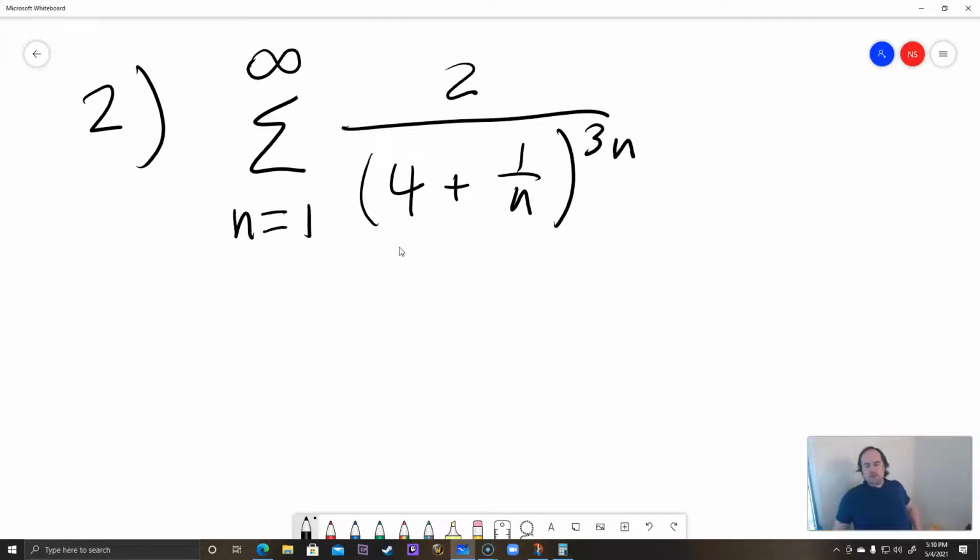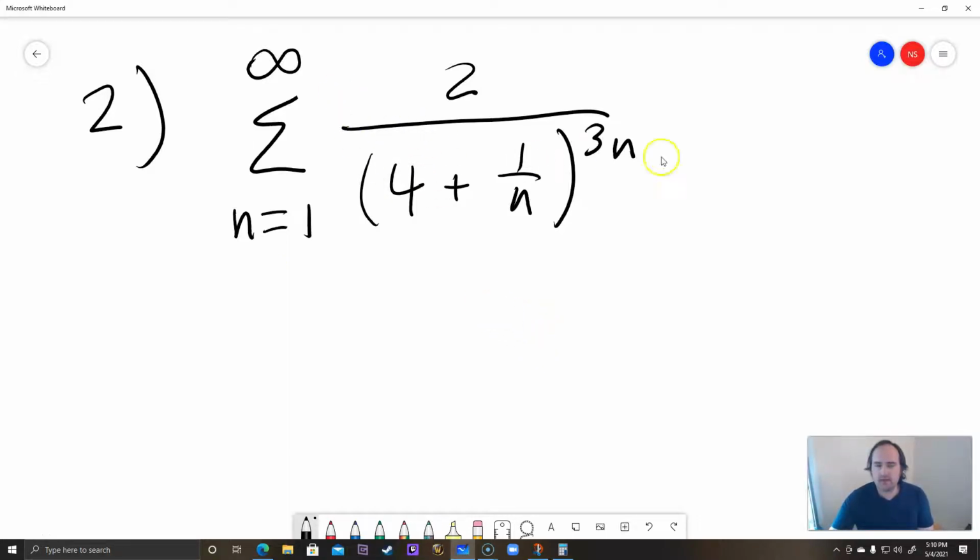So the sum from n equals 1 to infinity of 2 over parentheses 4 plus 1 over n, parentheses to the 3n. Fortunately, in the directions they told us we're supposed to use the root test.